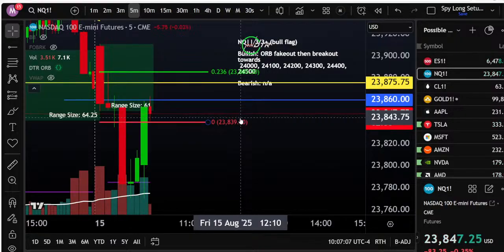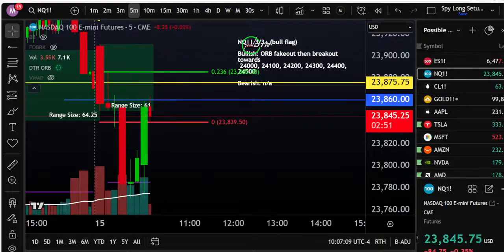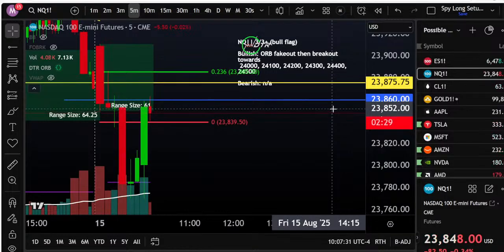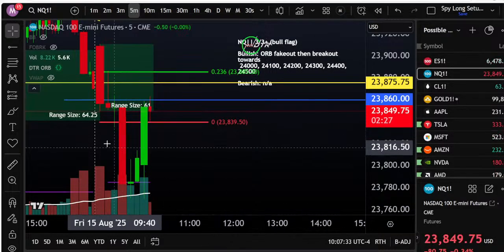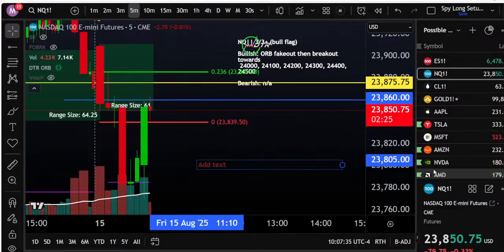Stop loss 839. All right, let's see if this thing can push. I got 2 contracts on this.